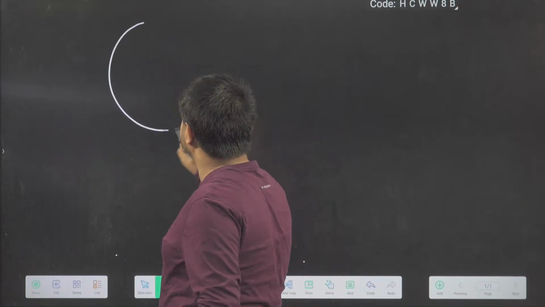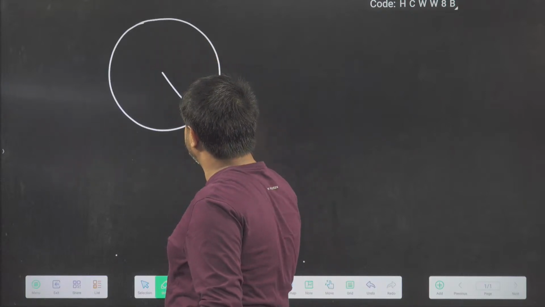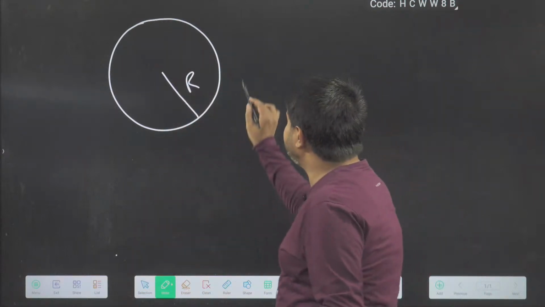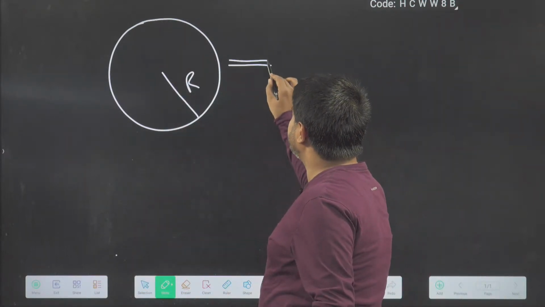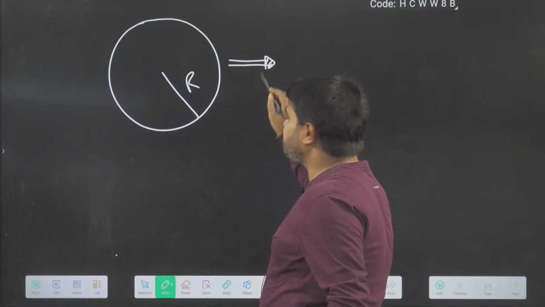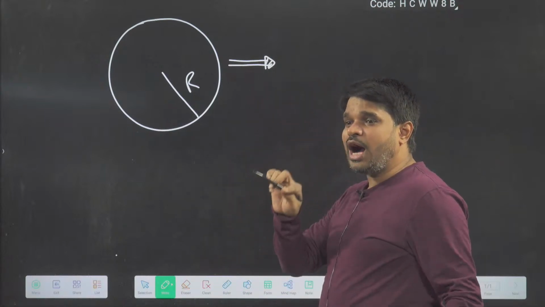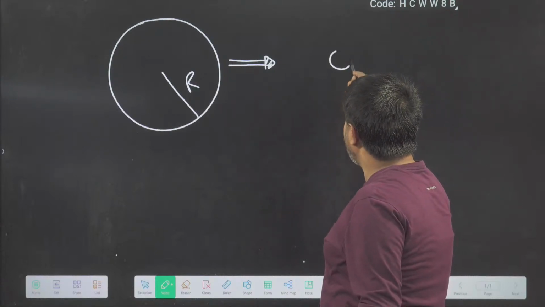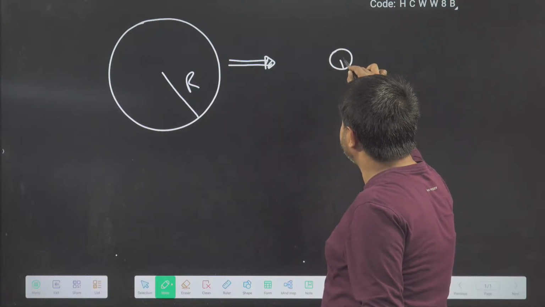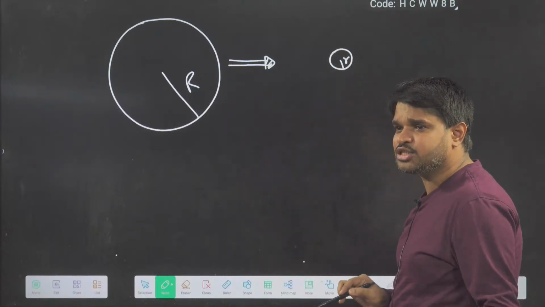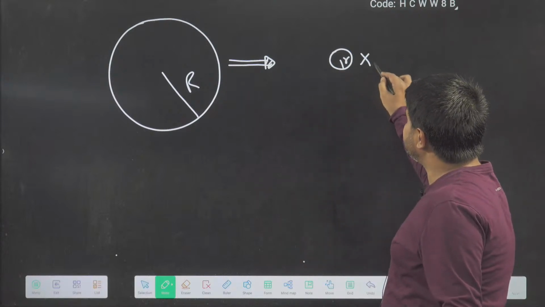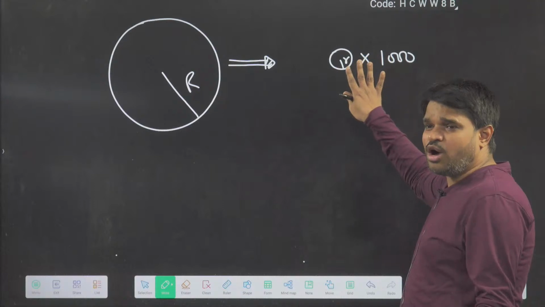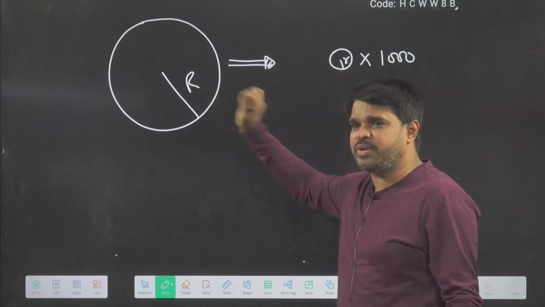There was a big solid sphere of radius R, and this solid sphere is split into 1,000 small identical spheres. Let me take their radius as small r. And how many such spheres are there? 1,000. So these 1,000 spheres are being made from this big sphere.